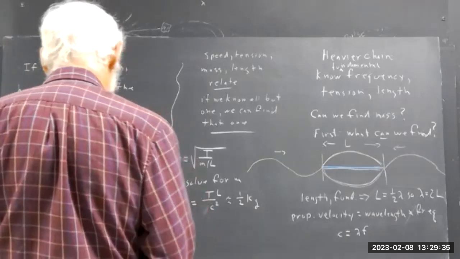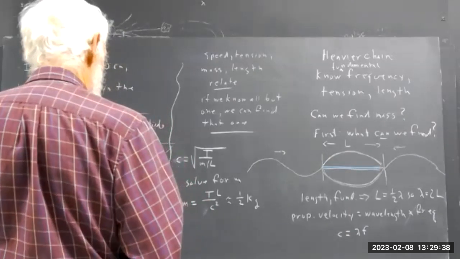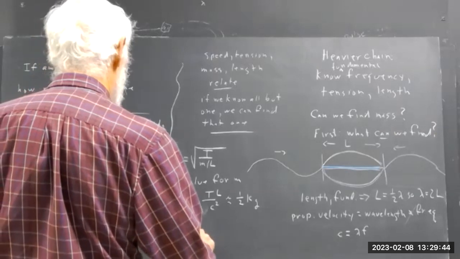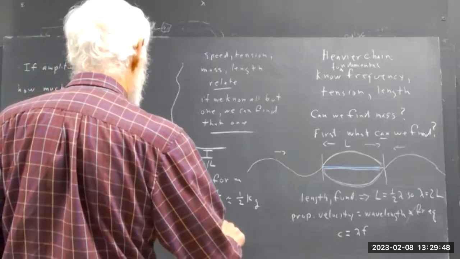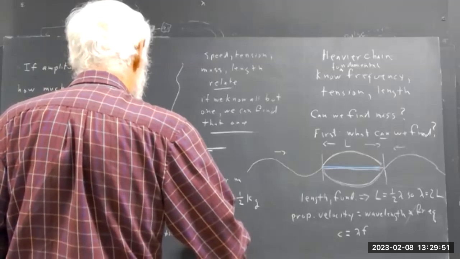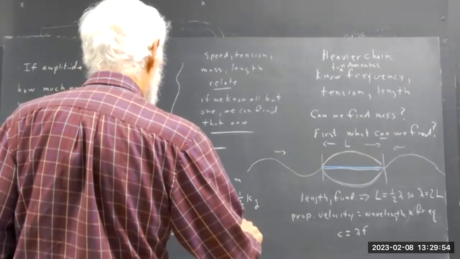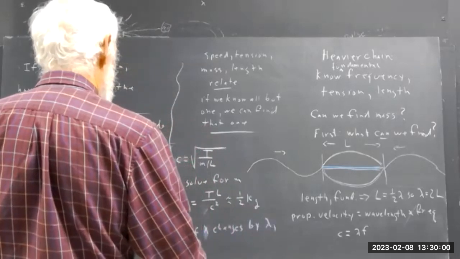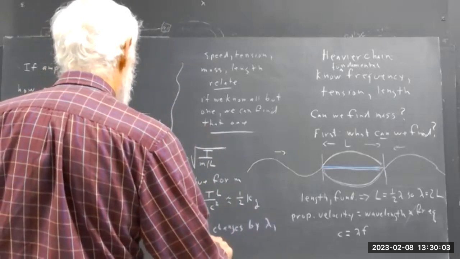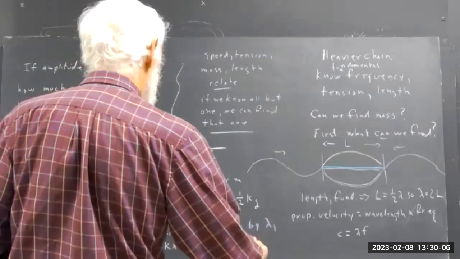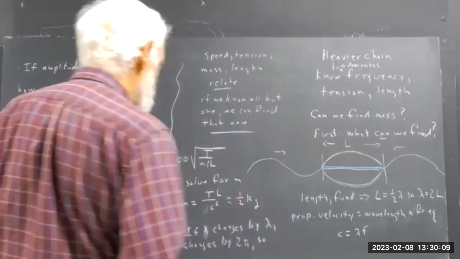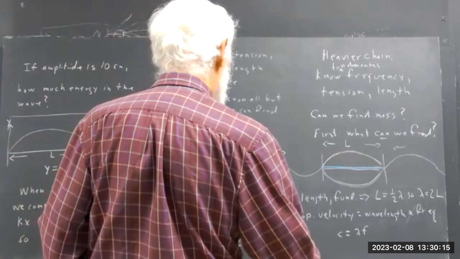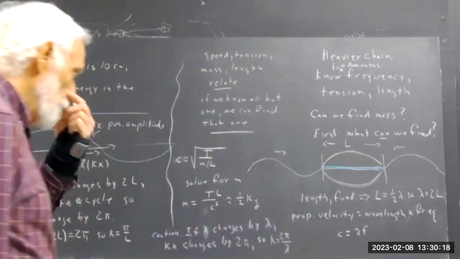We could also say, X changes by lambda, KX changes by 2 pi, so K is 2 pi over lambda.